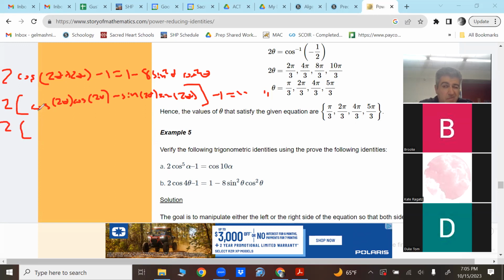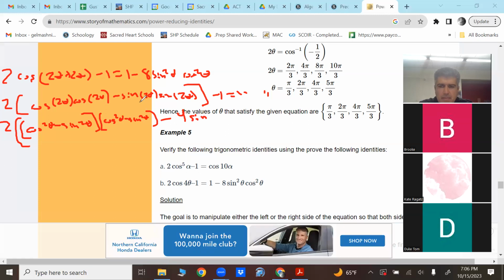You probably can make that cosine squared theta minus sine squared theta. You've got that twice. And that will be -4, because you have 2 sine theta, cosine theta.